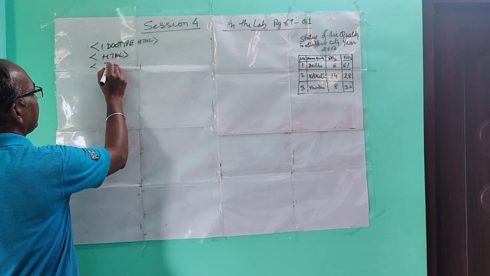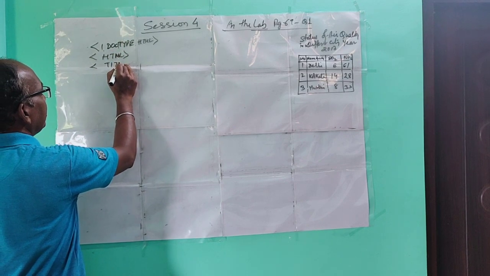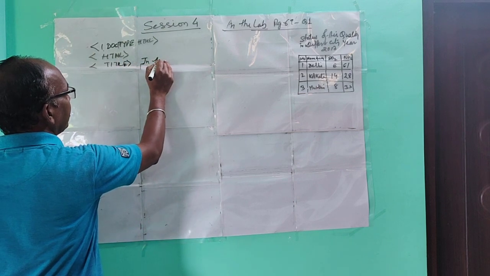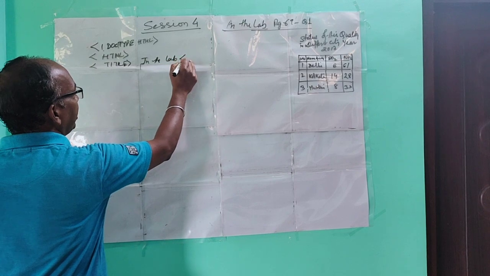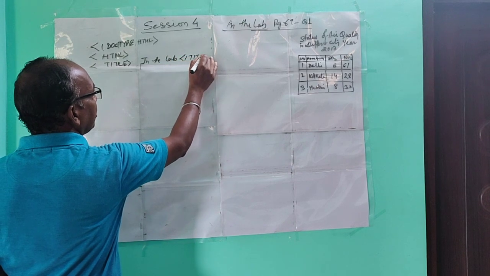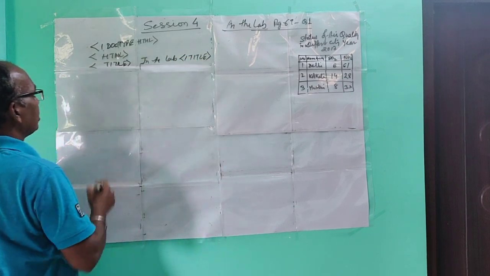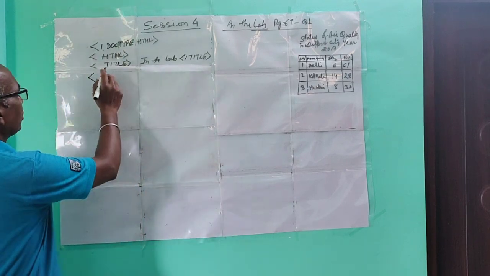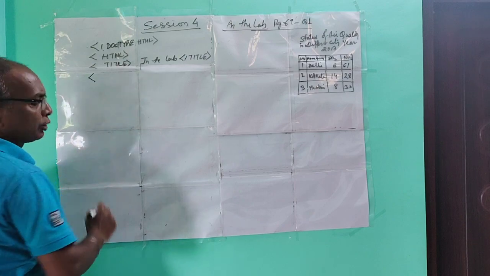Third one is title. I'm giving here lab, then title close. After that, title close, then give captions.